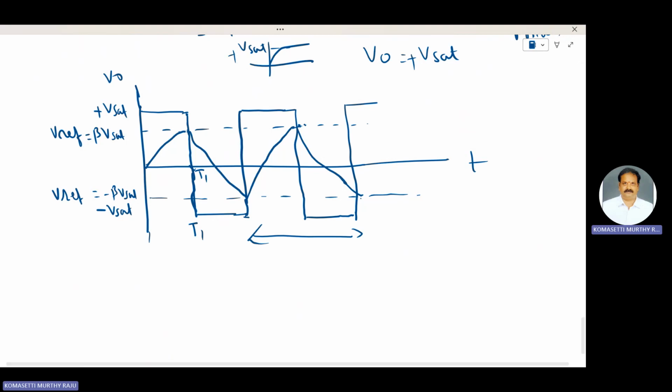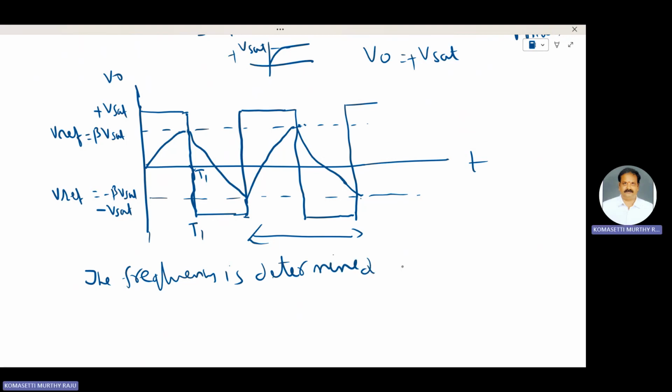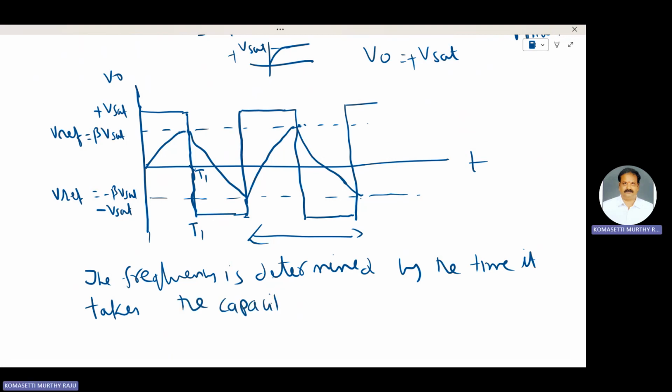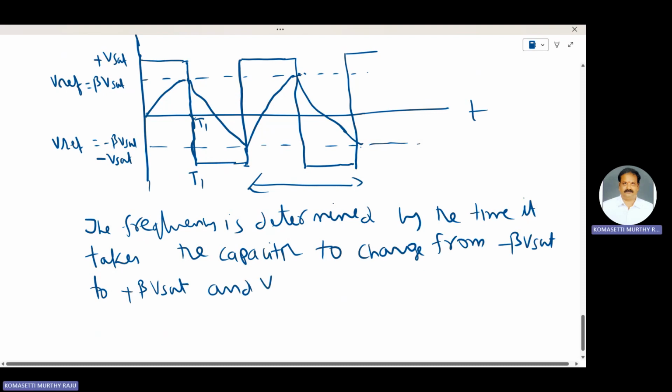The frequency is determined by the time it takes the capacitor to charge from minus beta V sat to plus beta V sat, and vice versa.